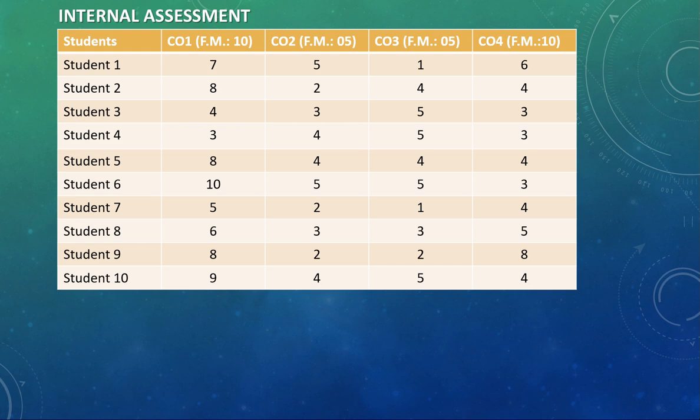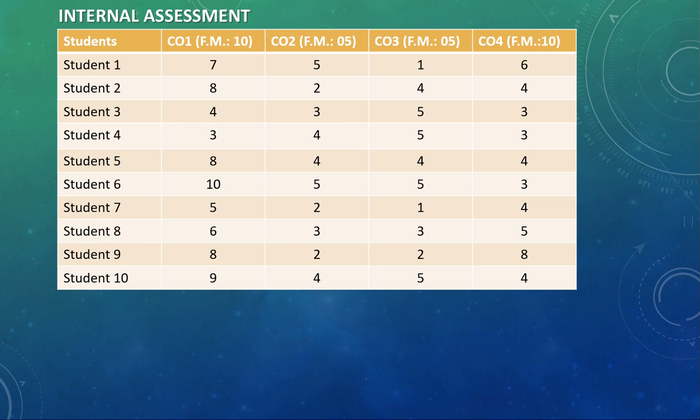In CO2, which had 5 full marks, the student gets 5 out of 5. In CO3, student 1 scores 1, and in CO4, student 1 scores 6. Similarly, the CO-wise marks statements of all the students have been recorded in this table.